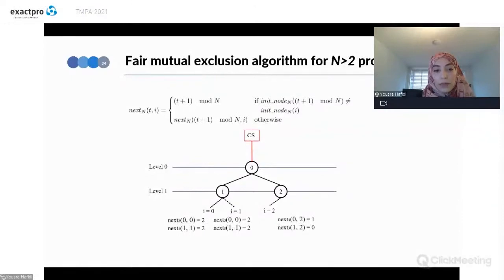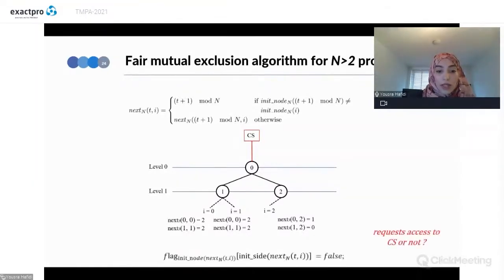So we specify the next turn variable function, and we block the progress of, for example, process 2 until process 0 and 1 get their turns, and we know this from their flags if they are false.